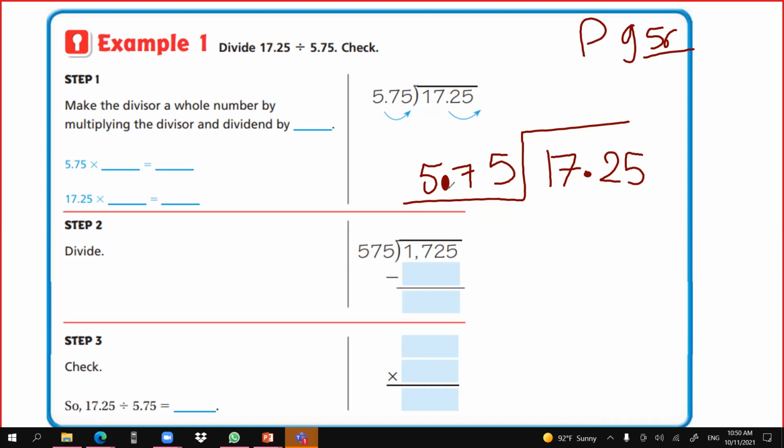Now, first, we have to move the decimal point, as you said. 1, 2. If I move it 2 digits in the divisor, how many digits? 2 only. Is it right?